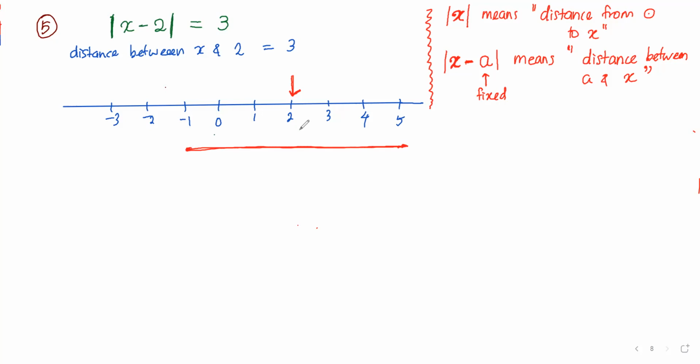So for example, according to your illustration, number 3 also satisfies this, right? Is this number 3 units away from 2? My number x must be 3 units away from 2.